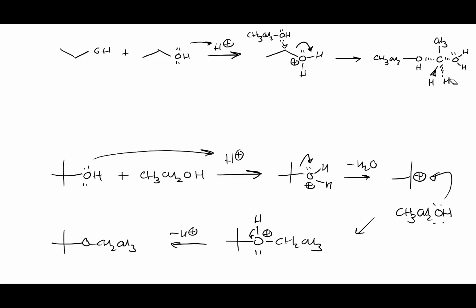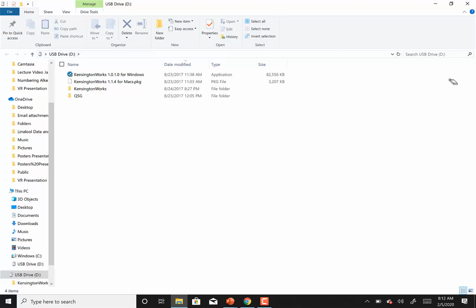So if we have that trigonal bipyramidal transition state, then we will have partial bonds. The nucleophile and the leaving group will be 180 degrees away from each other. The only thing I'm missing here is the charges. So what would the charges be? Not for that.